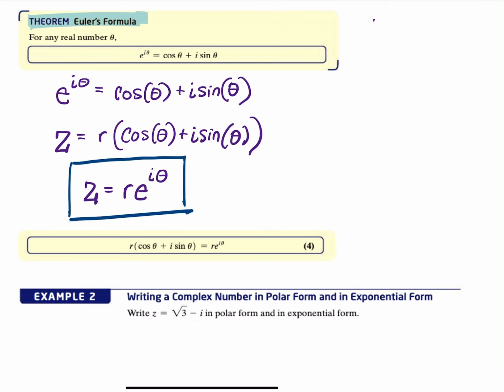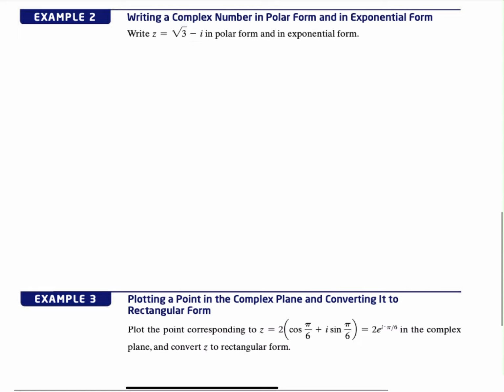This is our exponential form. So we have rectangular form, exponential, and polar, and we can transform between them. So let's get some practice working with these three different forms.